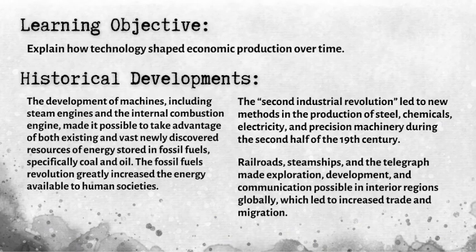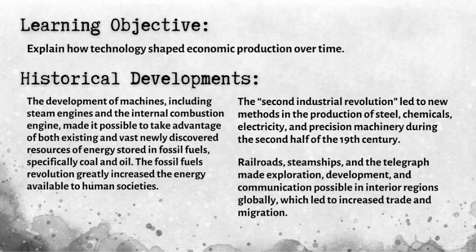Historically, the development of machines, including steam engines and the internal combustion engine, made it possible to take advantage of both existing and vast, newly discovered resources of energy stored in fossil fuels, specifically coal and oil. The fossil fuels revolution greatly increased the energy available to human societies.